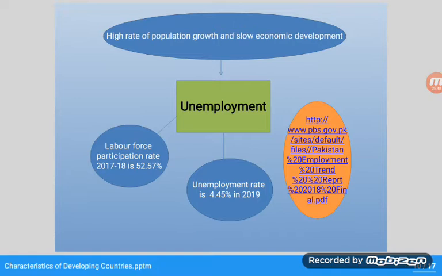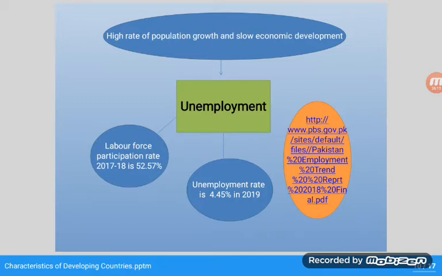Now over here I have given you the labor force participation rate in 2017-18, which is 52.57%. Okay, all the people who were willing to work, their participation rate was 52.57. But this is the figure of 2017-18. You might be able to find a newer one.